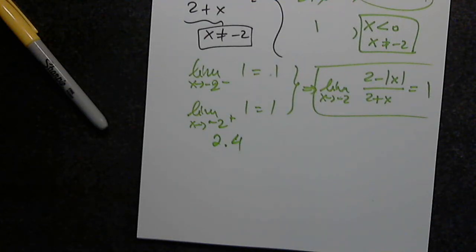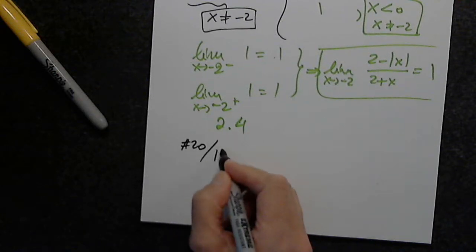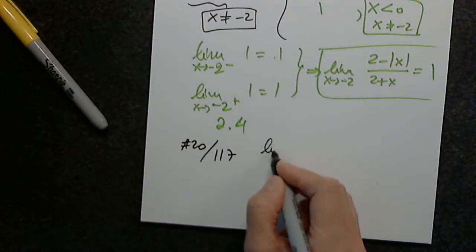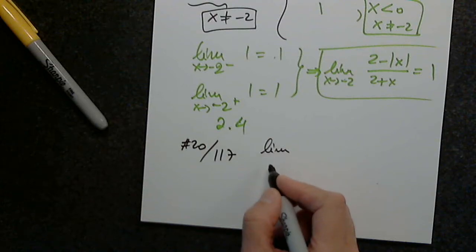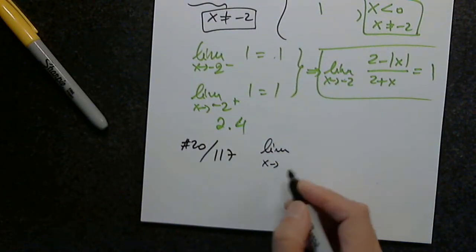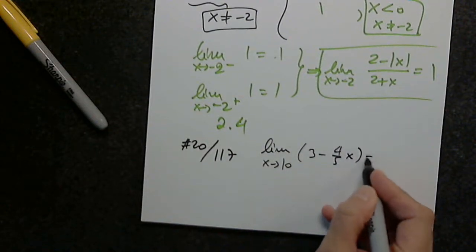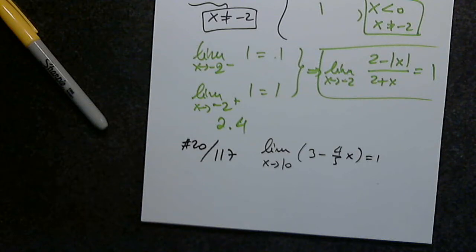So I don't remember exactly which problem we did, but I don't think we did problem 20 on page 117, which is limit as x approaches 10 of 3 minus 4/5 x equals 1. I copied it from here. It says, prove this statement using the epsilon delta definition of a limit. And I just picked this one.